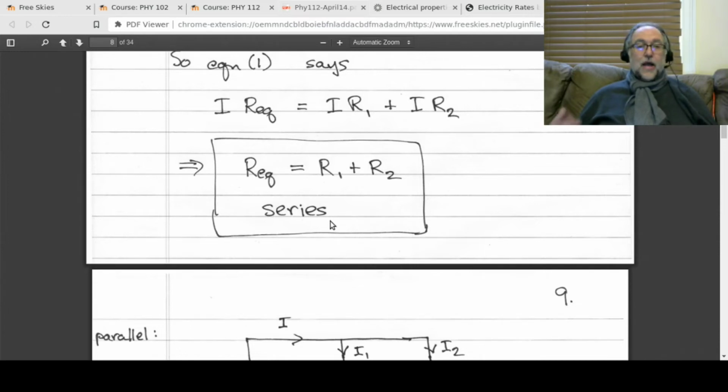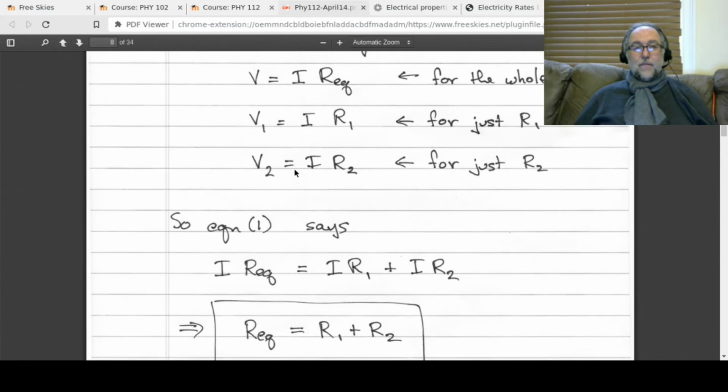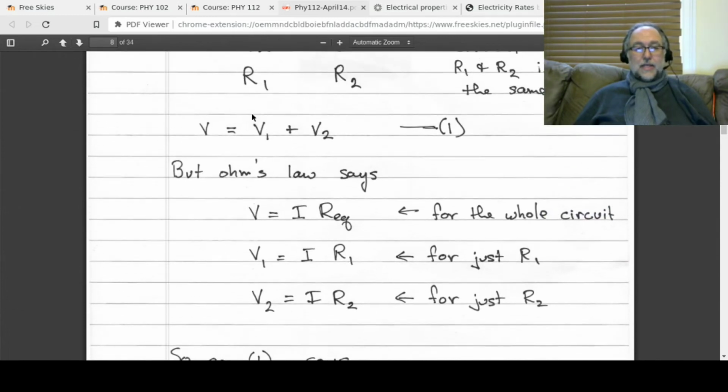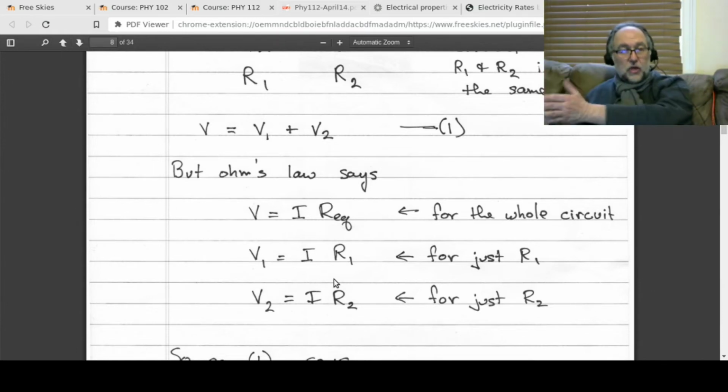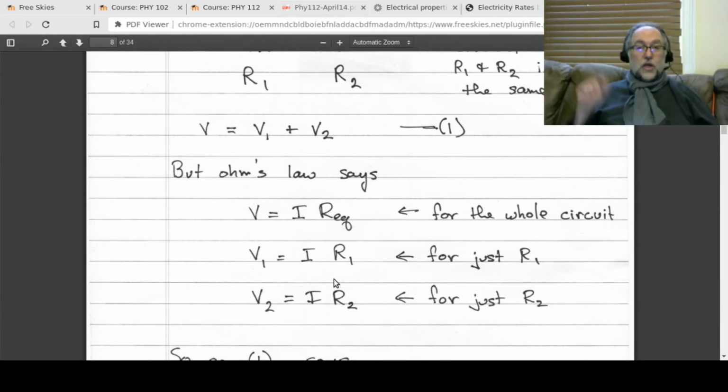That was the proof. Now, keep this in mind because this idea of applying Ohm's law both locally to different segments of the circuit and also globally, we're going to use quite a bit in our problem below.